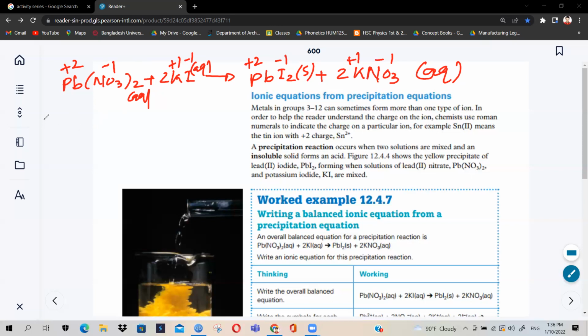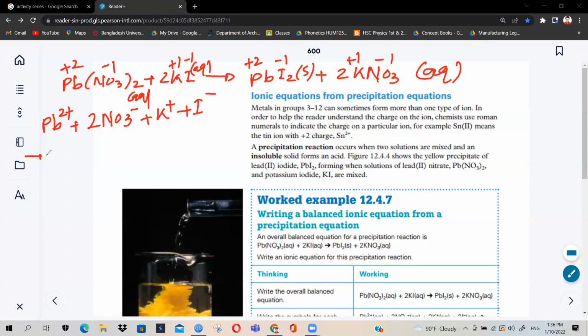But we can now easily write it into ionic equations. How do we write it? We will write it like Pb2+, NO3-. But how many NO3s do we have? 2. We multiply it by 2, plus K+, I-.